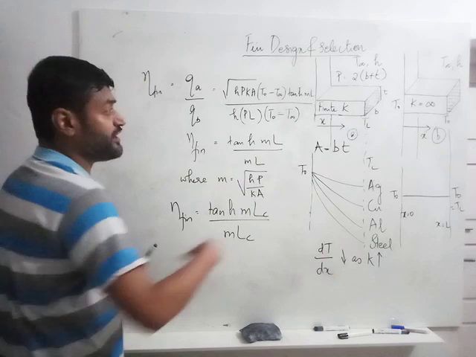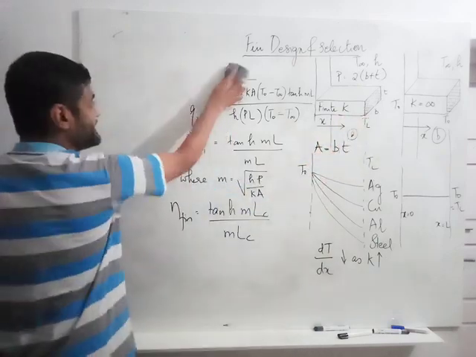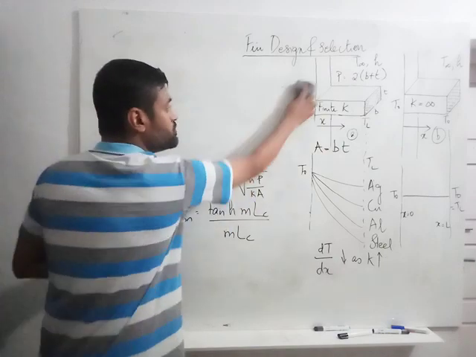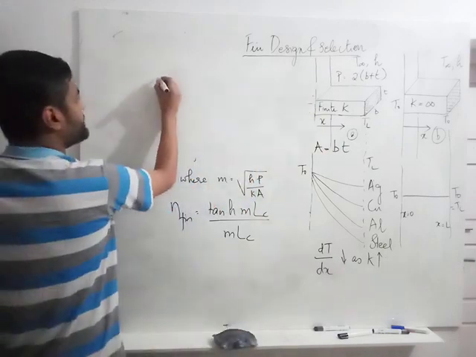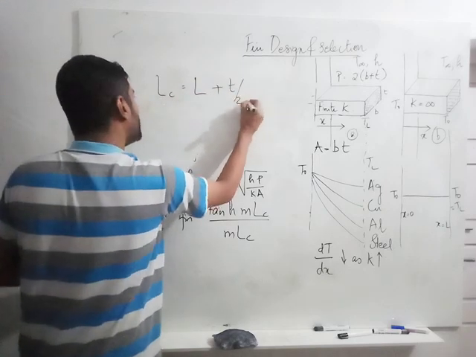Now for a rectangular fin which I have sketched in this case, my corrected length Lc is equal to L plus t by 2.